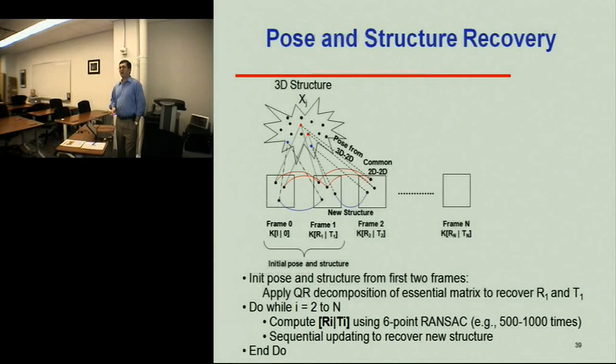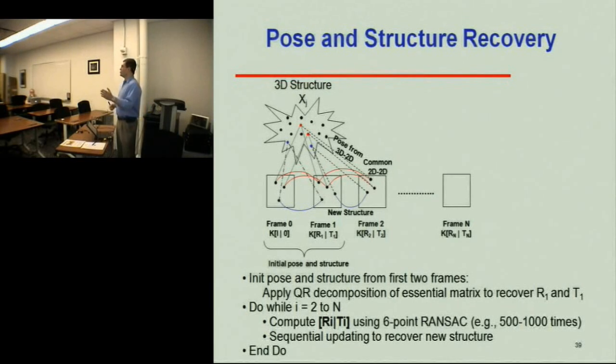Then we go further and we say, okay, for those features that we have already found, can we track them again in the next frame? Okay, so we track them again in the next frame. And we use a 6-point RANSAC algorithm to build up these unknown rotation and translations for all of the successive cameras. So the RANSAC algorithm is fairly well understood. And so that helps us get the rotation and translation for all those successive camera poses.